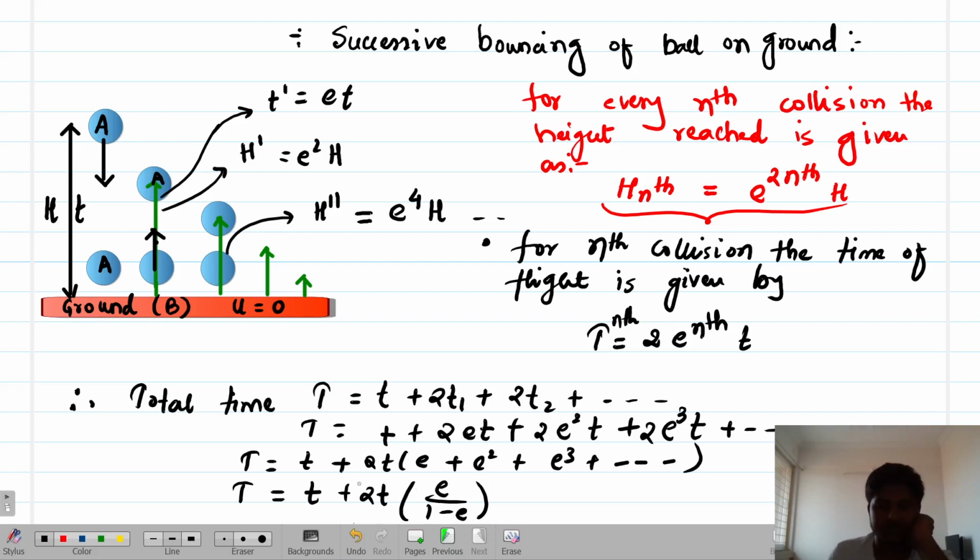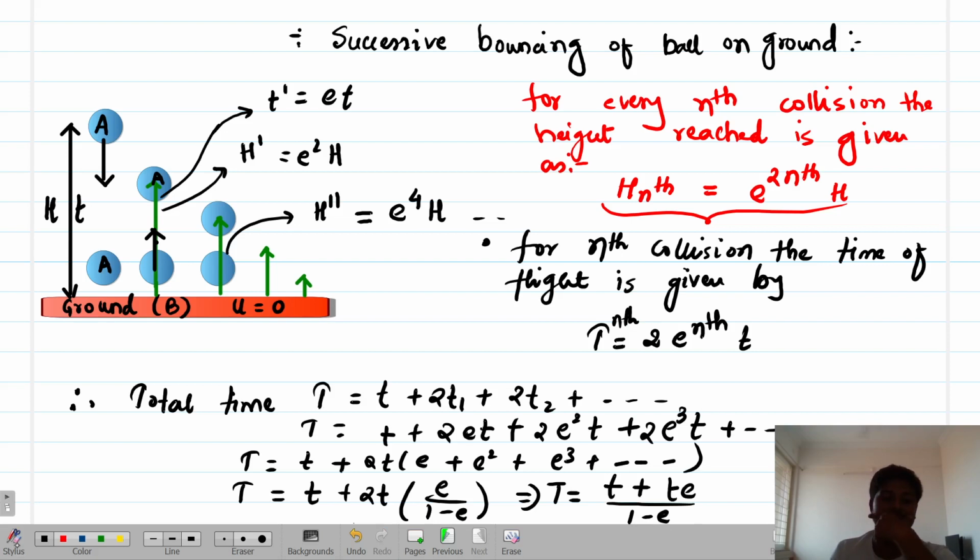Yeah. So if you just replace it, what you are going to get is t is equal to t plus twice t, which is t times (1 plus e) divided by 1 minus e.